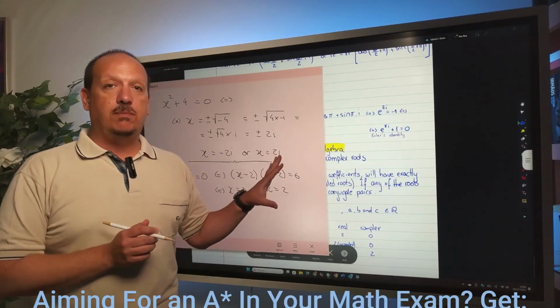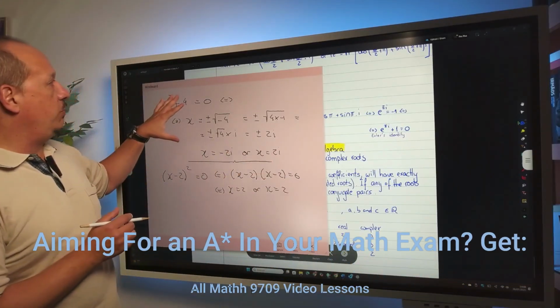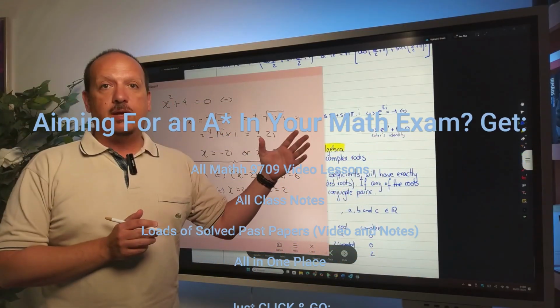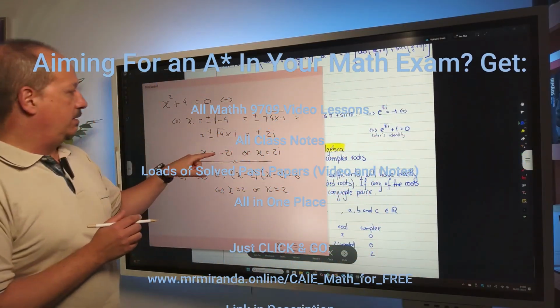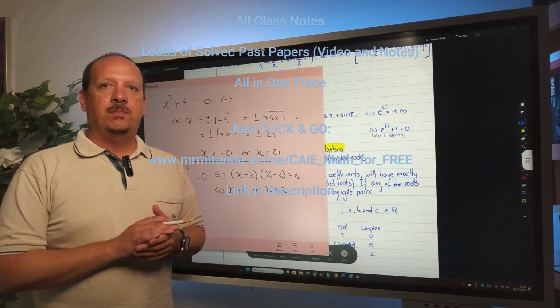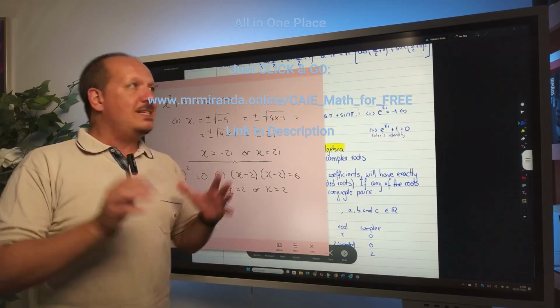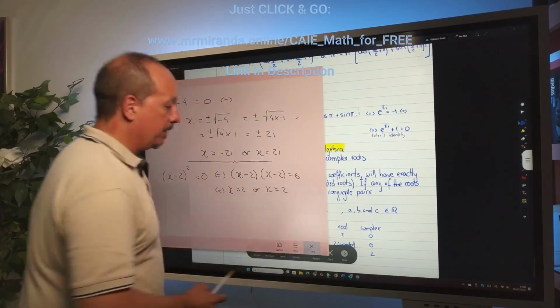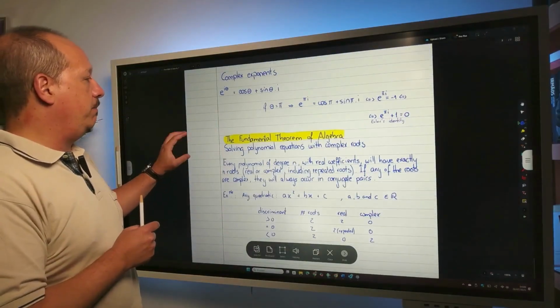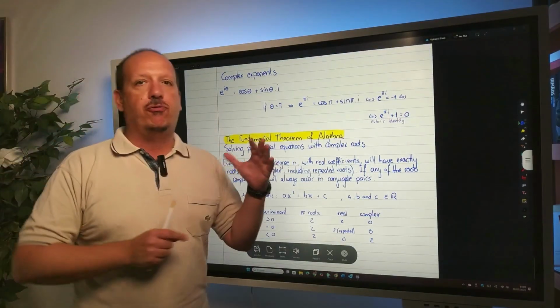And they are real. And then you have a situation in which you will just have complex roots, and they come in pairs. Here you can see again the complex conjugate. All right? But this extends to any polynomial. Let's say, for example, that you have a polynomial of degree 4.